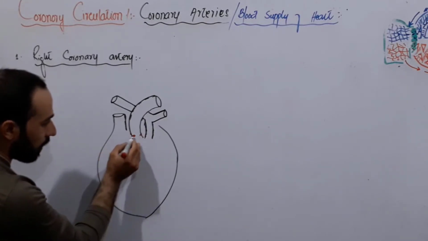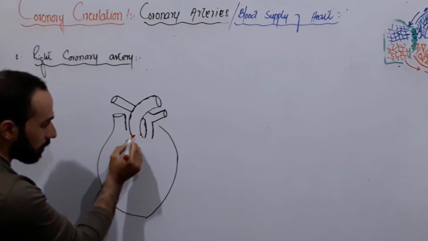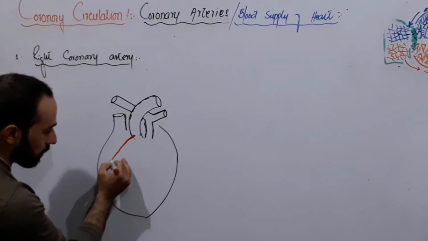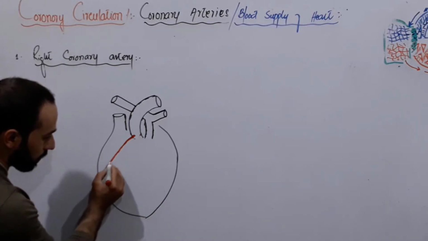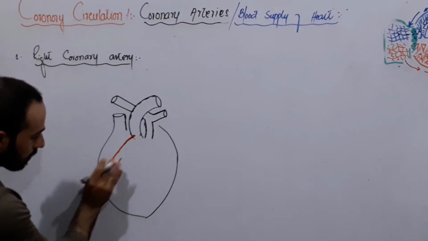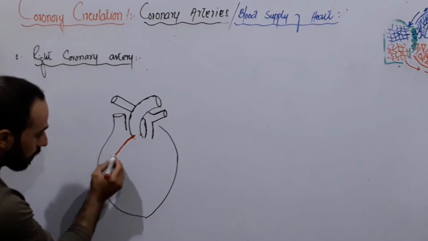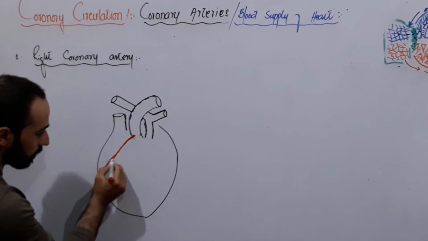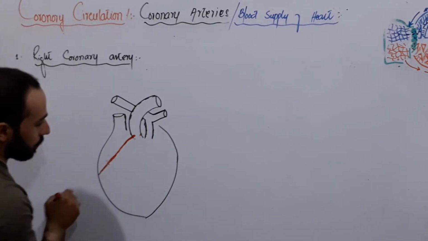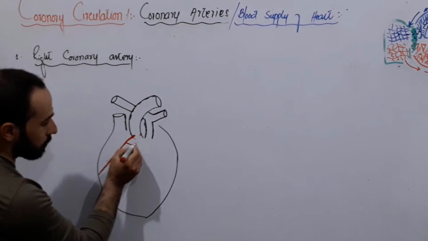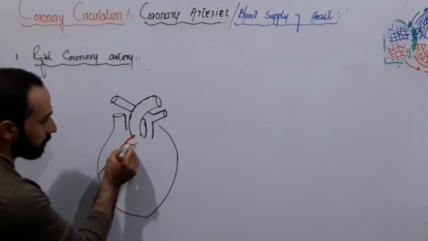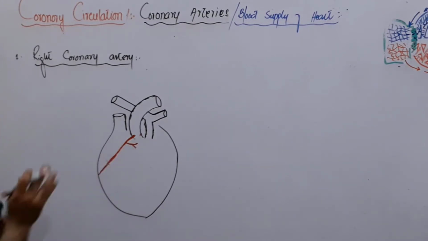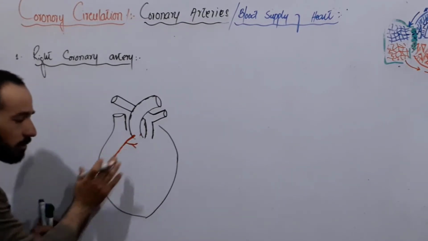Now let's follow this right coronary artery. This is our right coronary artery. I will tell you about each branch of it. This is the right coronary artery coming towards the right margin of the heart. From here is the first branch, a small branch. Let me make all the branches, then we will name them.